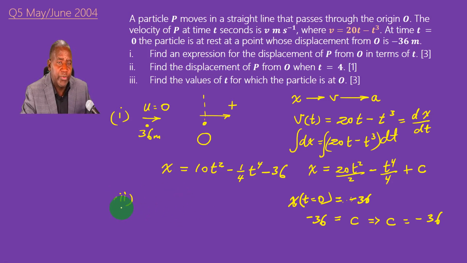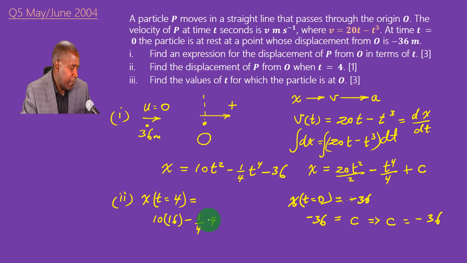Part 2. x when t is equal to 4 seconds will be equal to 10 times 4 squared, which is 16, minus 1 over 4 times 4 raised to power 4, minus 36.